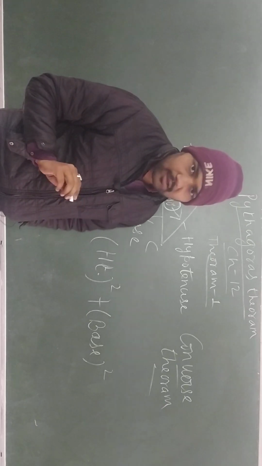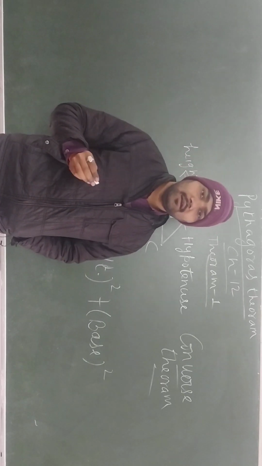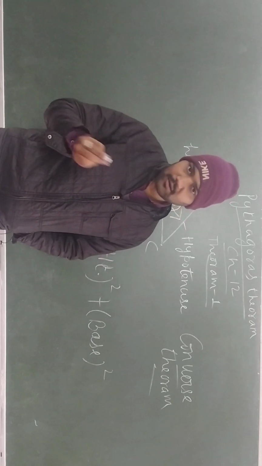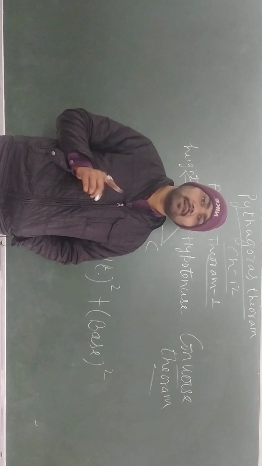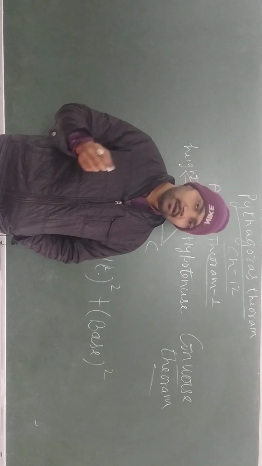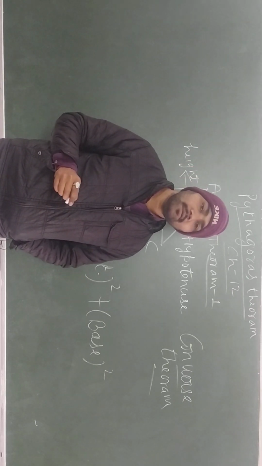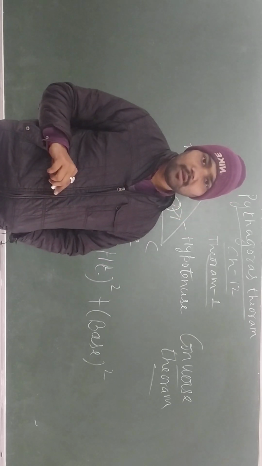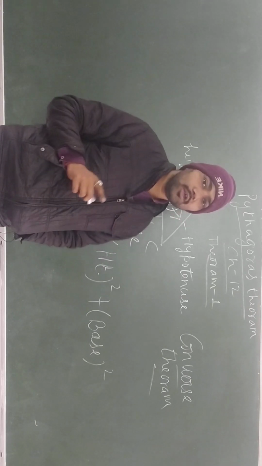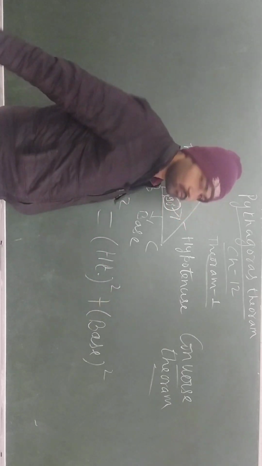So till now what we have is, in Pythagoras theorem, there is a side called hypotenuse which is opposite to the right angle, that is 90 degrees, and this is the largest side in the triangle. One side is called perpendicular or height, and the other side is called base, right? Then according to Pythagoras theorem, the square of the largest side, that is hypotenuse square, will be equal to height square plus base square.